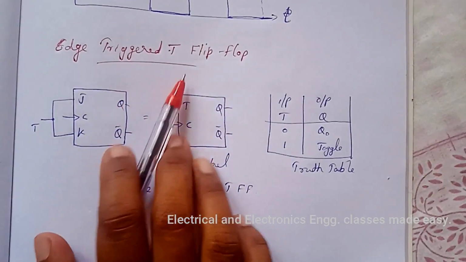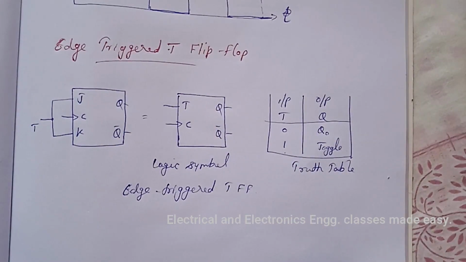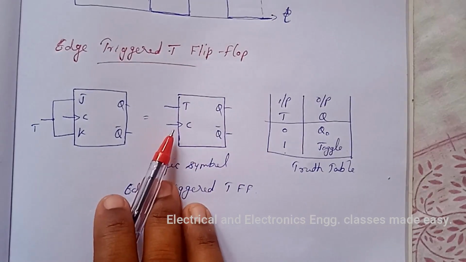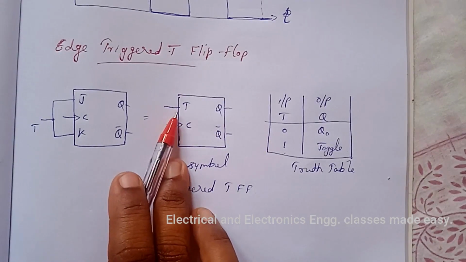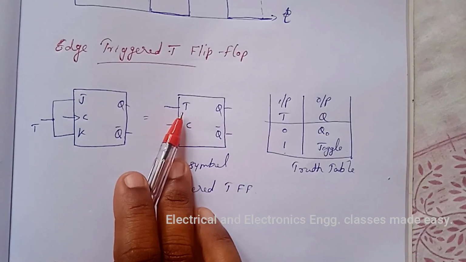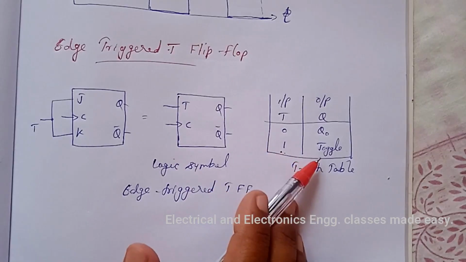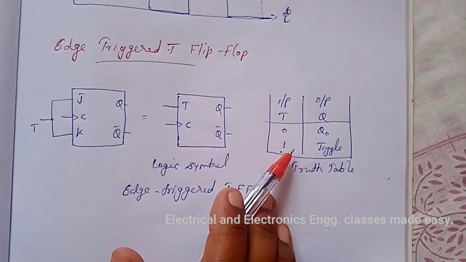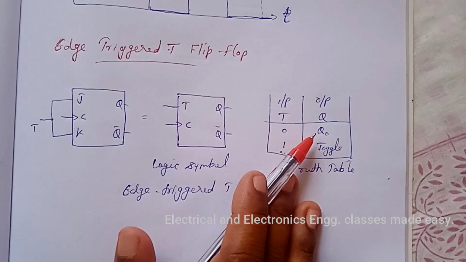The edge triggered T flip-flop. A T flip-flop has a single control input labeled T for toggle. When T is high, the flip-flop toggles on every new clock pulse. When T is low, the flip-flop remains in whatever state it was before.